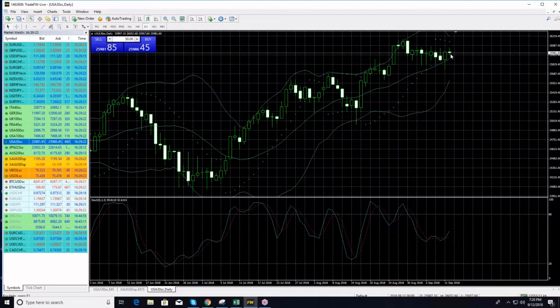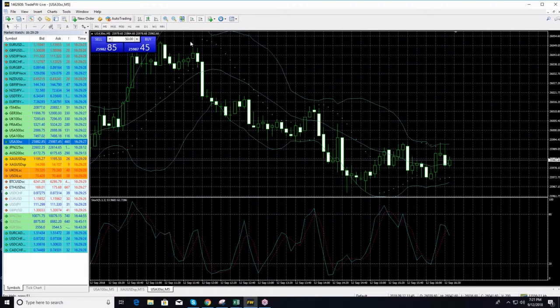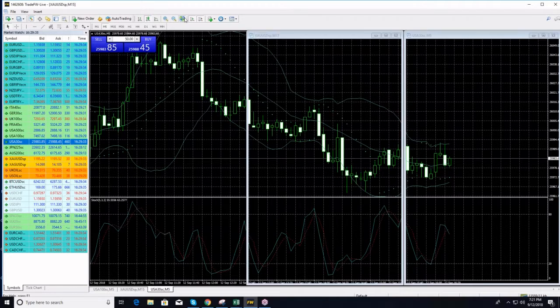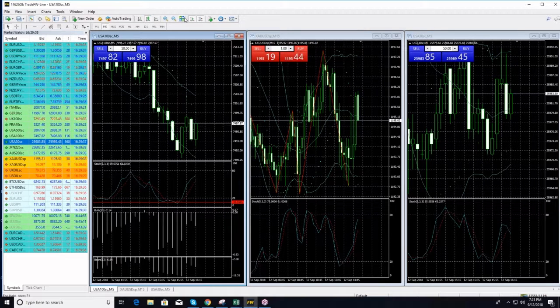USA 30, the movement today, as you can see, is very, very limited until now. I'm expecting it's all the Apple tension which is coming out. Now we have another 30 seconds to react.